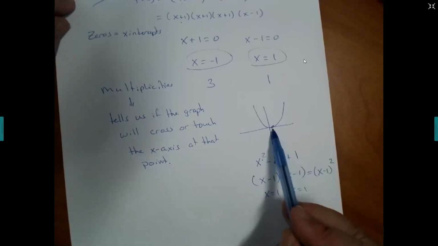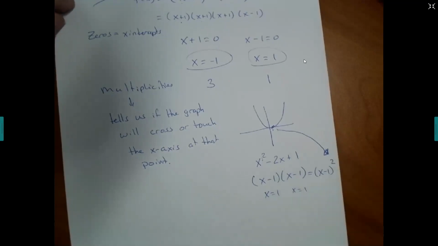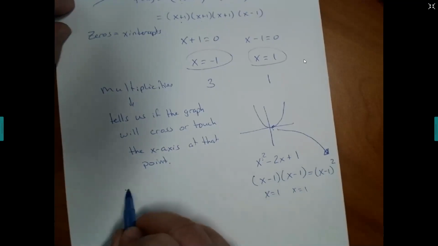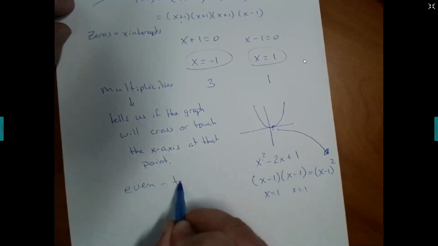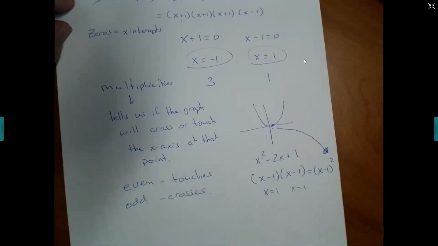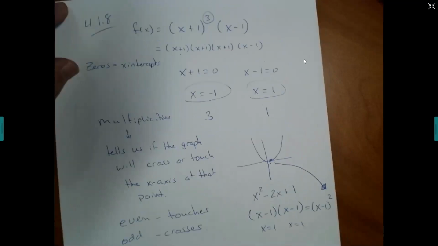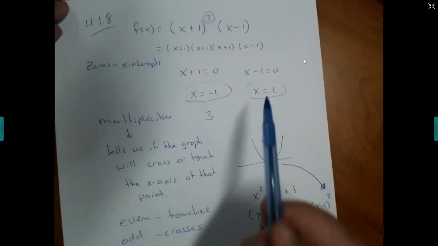It just touches. So if it's an even multiplicity, what do you think happens? Even touches the x-axis at the point, and odd, it crosses. Yeah, at both of these points, at -1 and 1, it's going to cross.